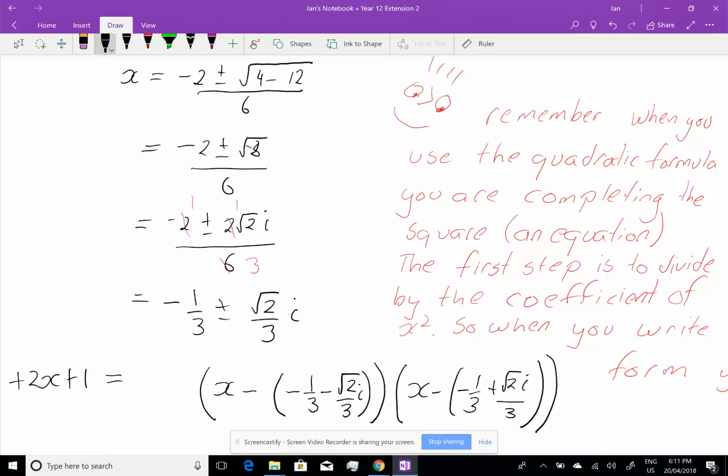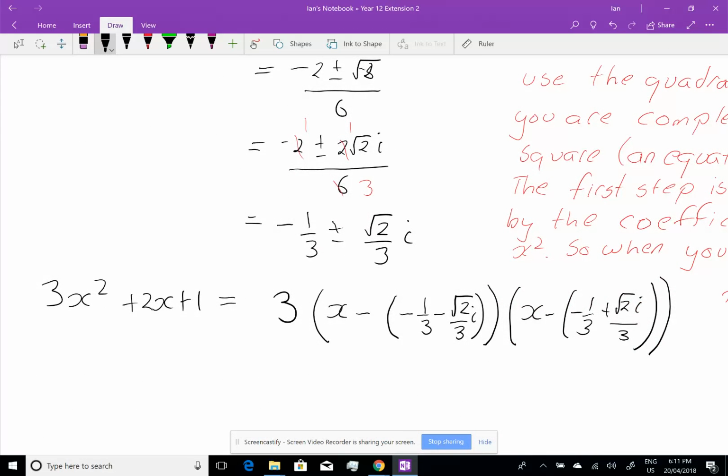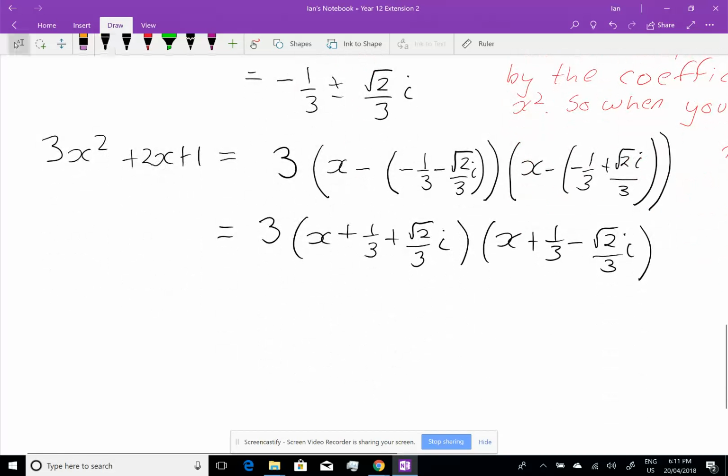So we need to put a 3 out the front. And now it's in factorised form, and I'll just tidy it up. We get x plus a third plus root 2 on 3i, and x plus a third minus root 2 on 3i. Righto.